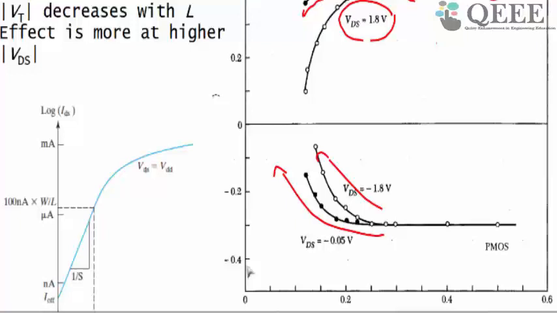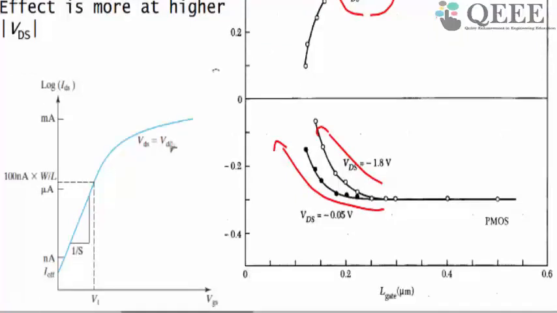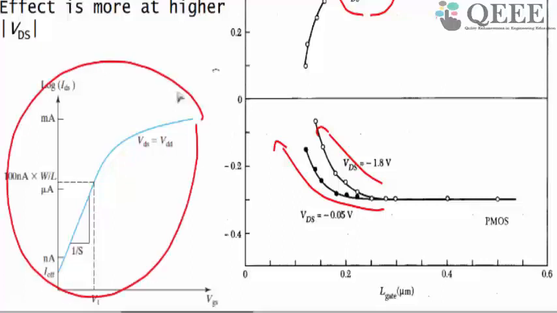So now let us see what it is due to. This is the characteristic of the MOSFET, where the drain current is in log scale and the gate voltage is in linear scale. This is the subthreshold region.